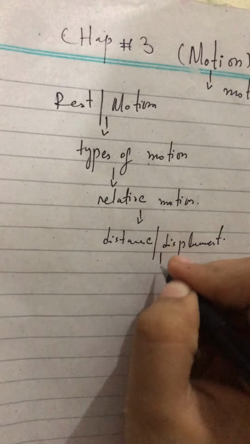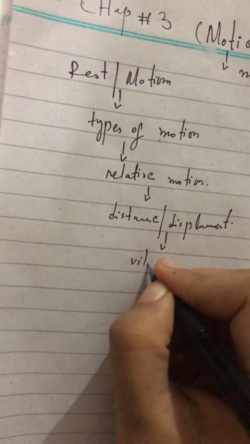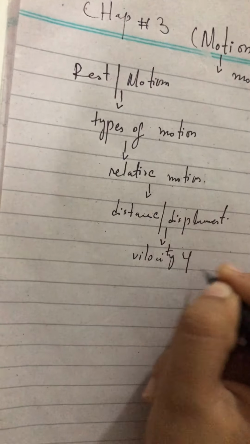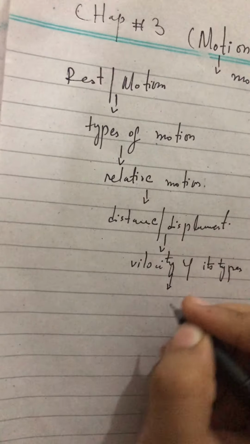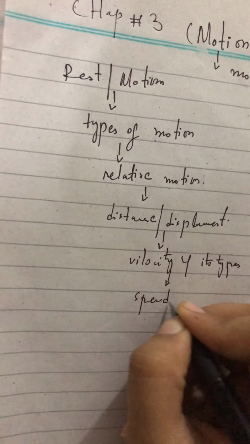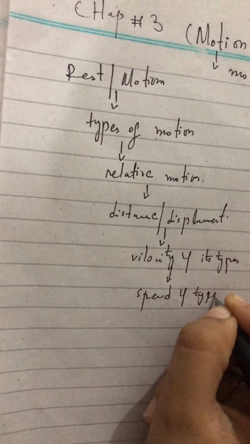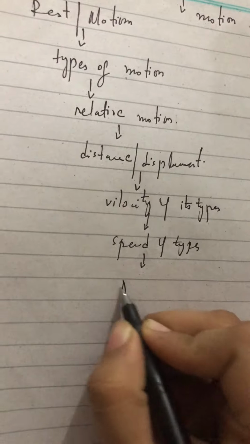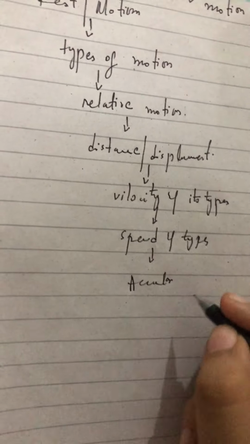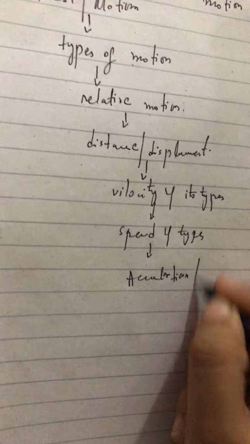After that, we are having velocity and its types. Then we are having speed and its types. After that, we are having acceleration and its types.